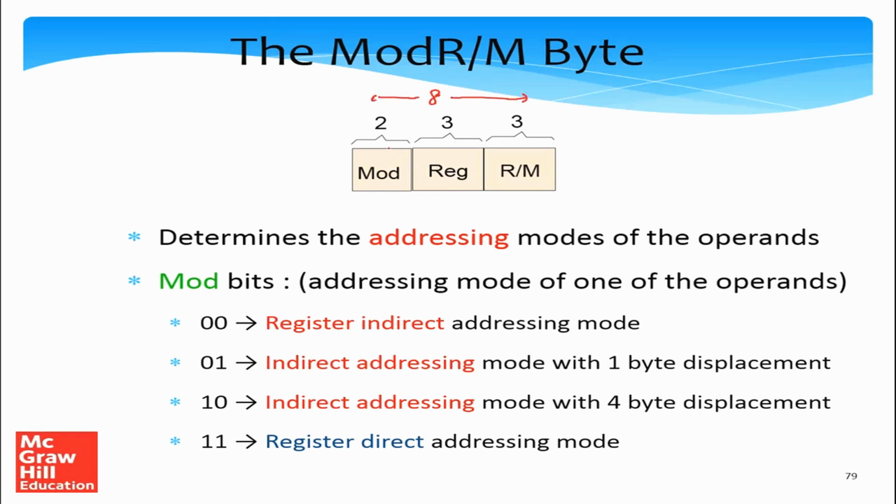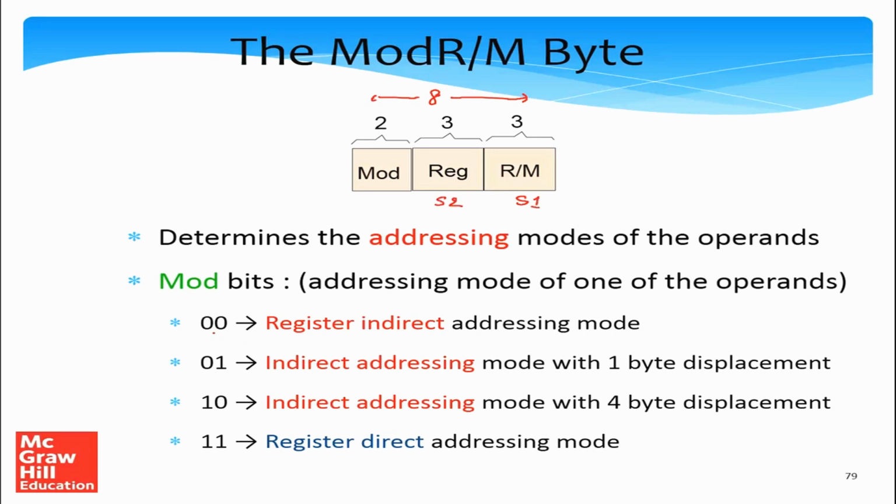The first 2 fields are called the mod bits or the mode bits. The mode bits determine the addressing mode of the rest of the operands. What is the addressing mode of the instruction? Let us call the first one source 1 and the other source 2.